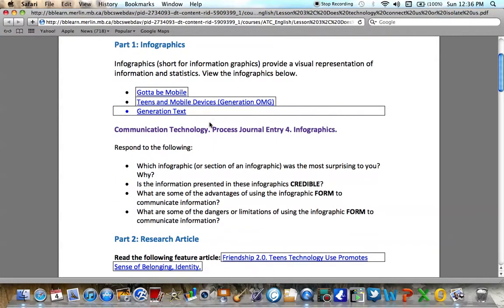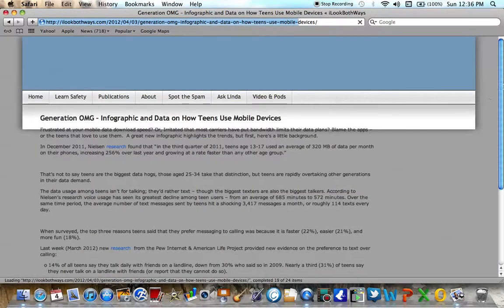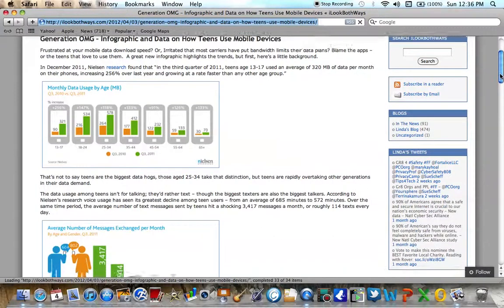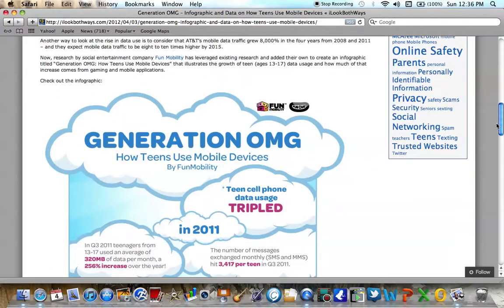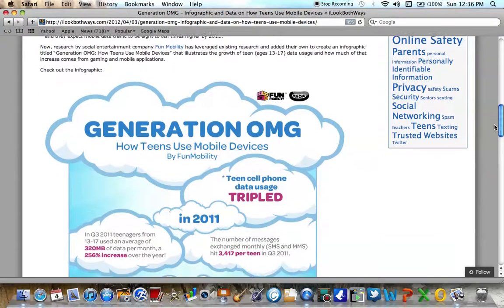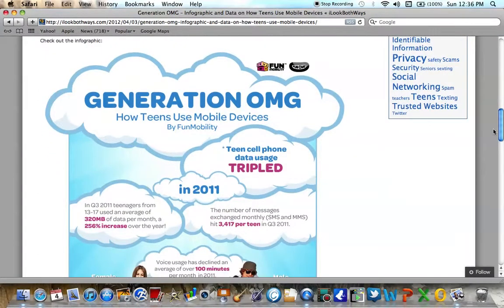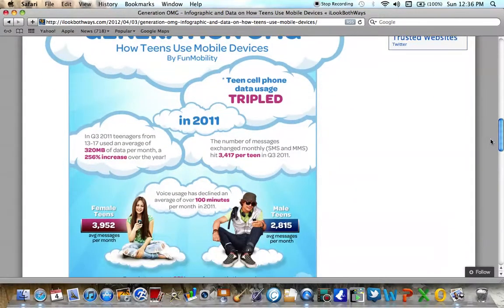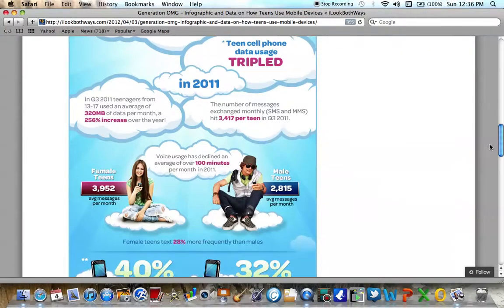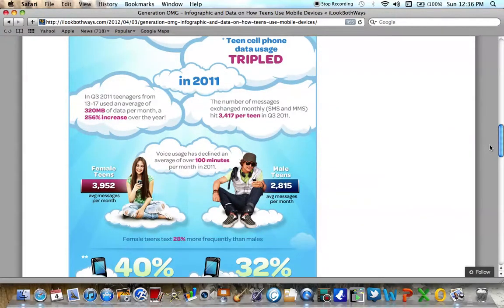So we'll just take a look at one infographic here. And here's the start of the infographic. So infographics are essentially a visual that compiles data and tries to represent the data in a visual manner.